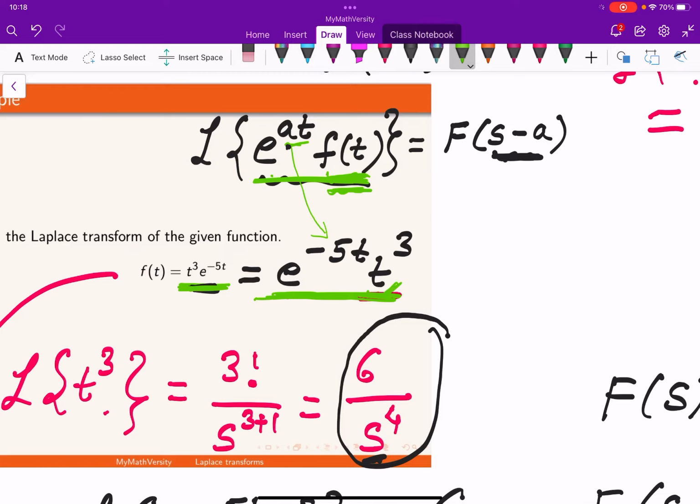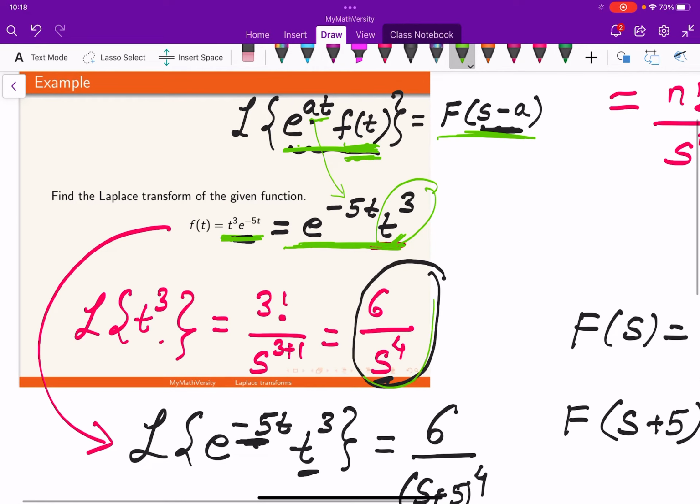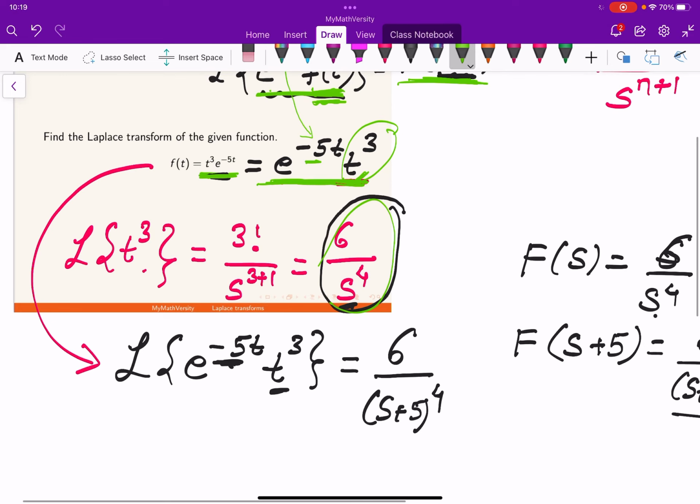So by this formula, let's first figure out the Laplace transform of t cube, which we have figured out over here, right? And then this formula says to translate that by negative 5 units, which we do by replacing s with s minus a, where a is negative 5. We have just done that, and this is our Laplace transform.